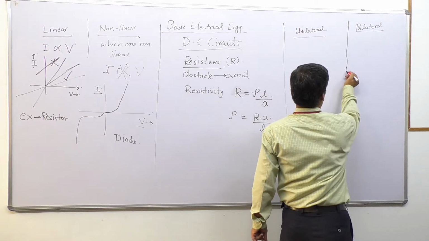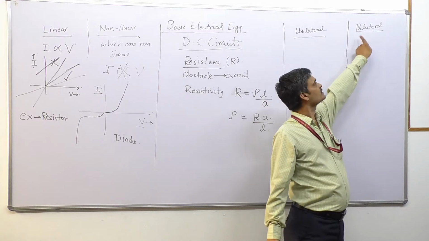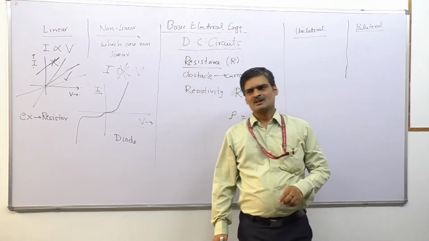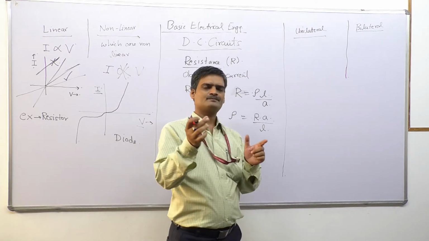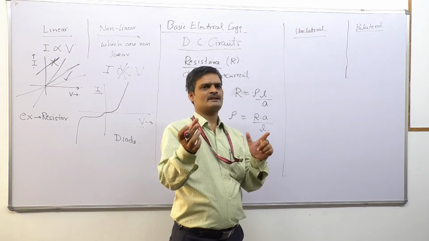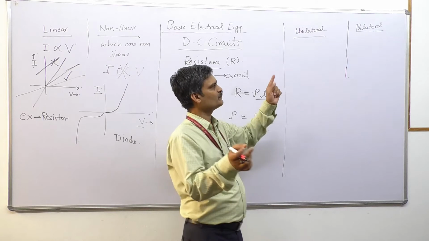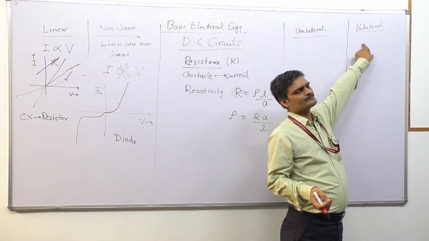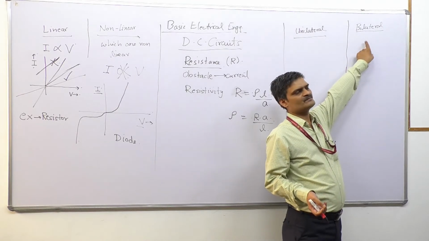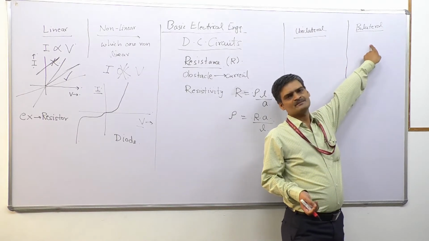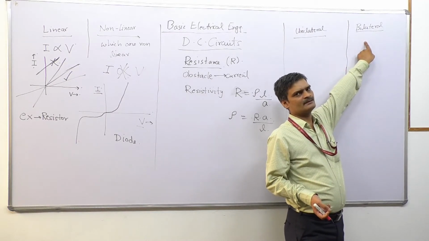So whenever we refer to the bilateral term, this means those elements which have their characteristics similar when the inputs are applied from two different directions, or whenever the polarity of the cause is reversed, if it does not make changes into the magnitude of the response, then we say the element is a bilateral element.